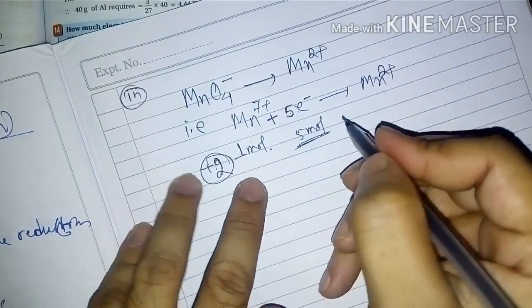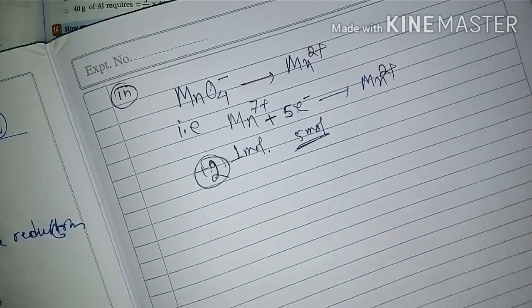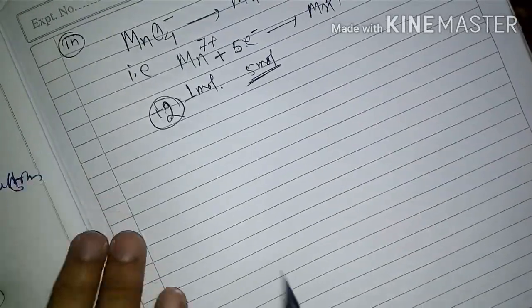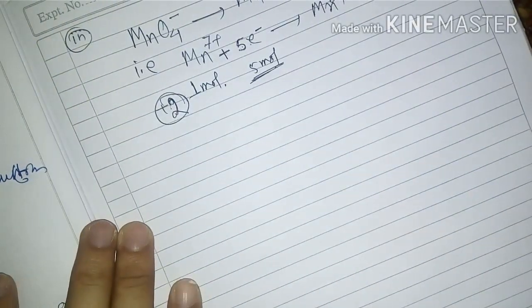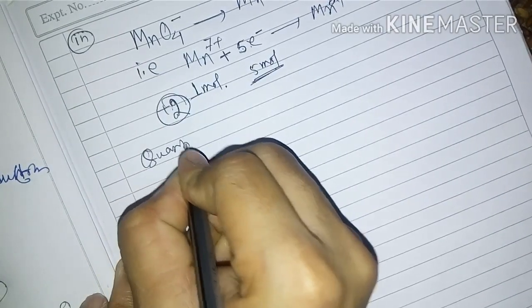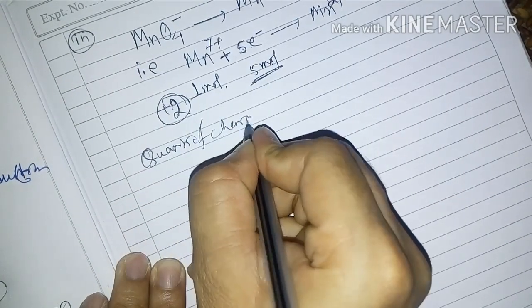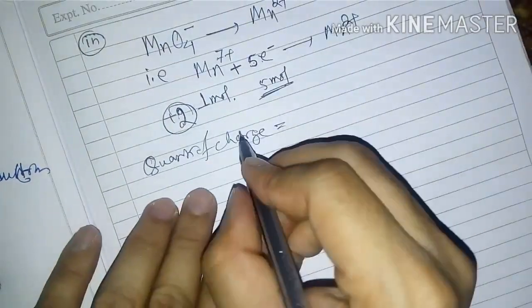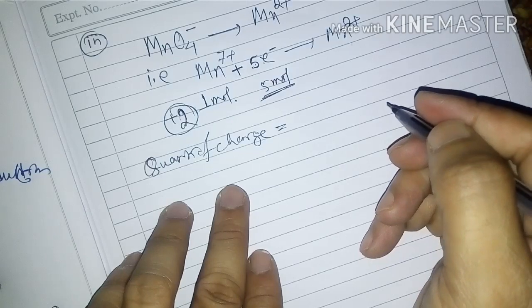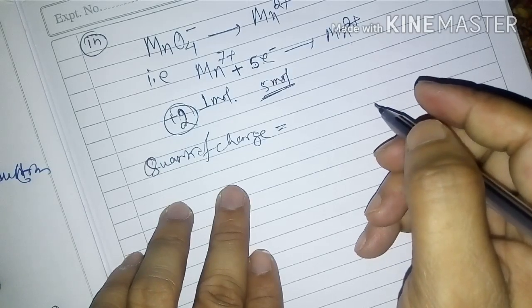So 5 moles. Now we have to find the charge. Then you can write the quantity of charge required for the reduction of 1 mole of Mn7 plus.